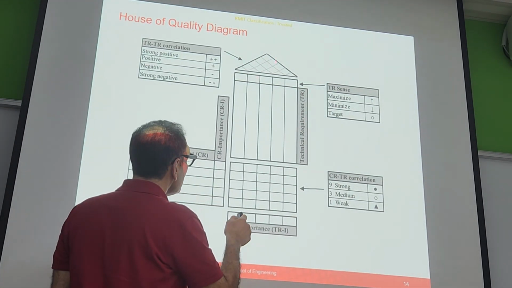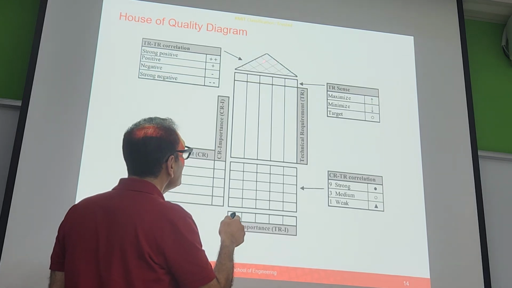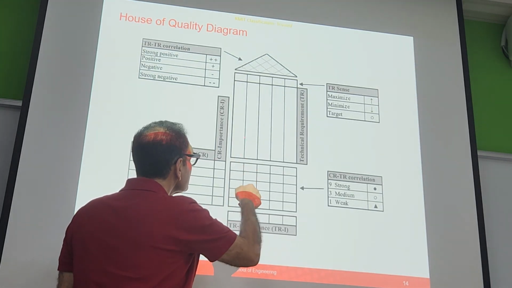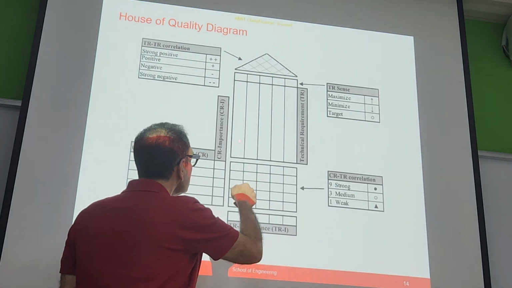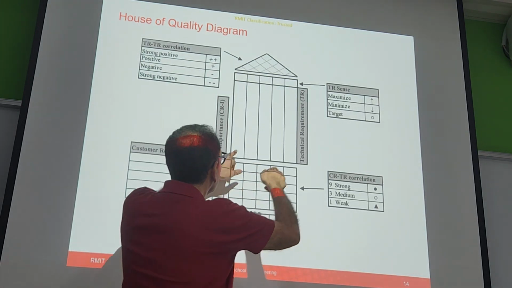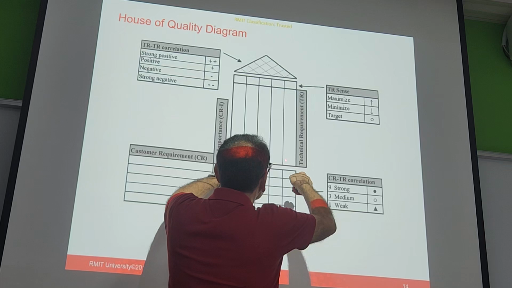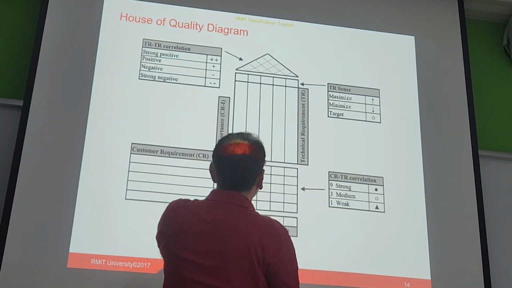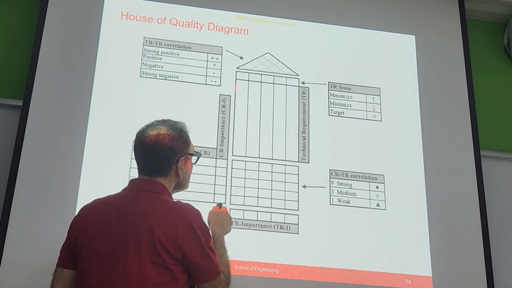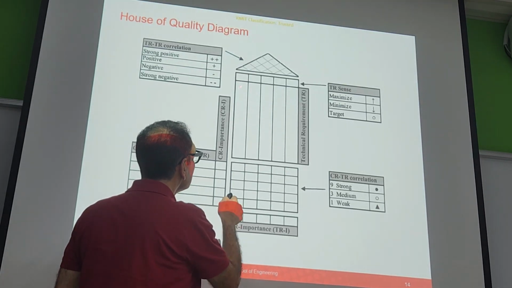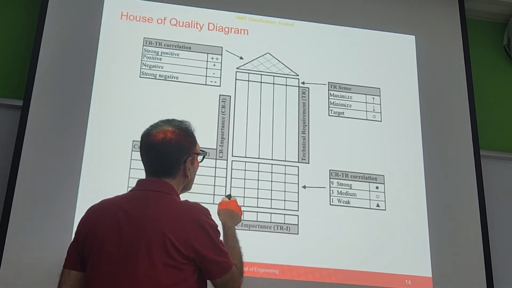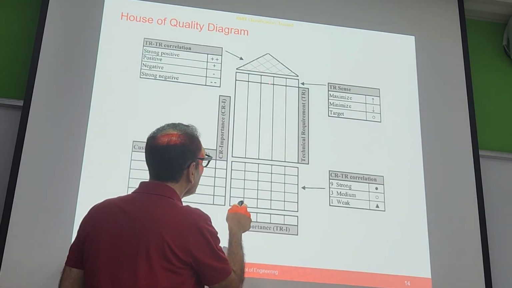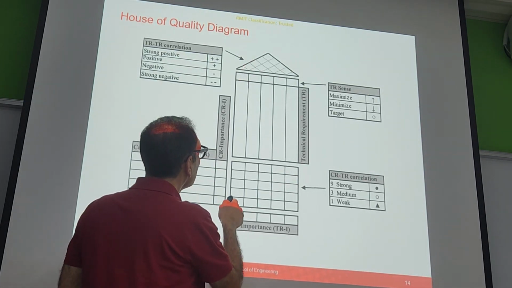And the top of this home, it is about the relation between this column and this column. Maybe this column and this column, you can see here, I go there and they go down.